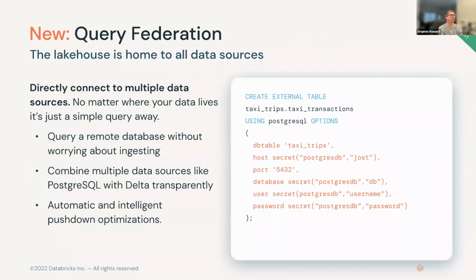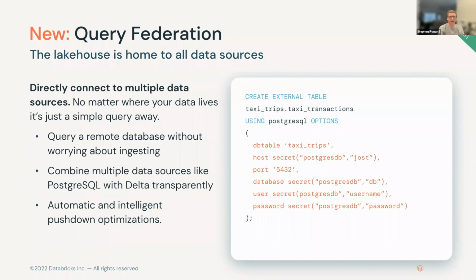So the first one, query federation. So we've talked a lot about having all of your data in your data lake, one source of truth, and that is ideal, that's best, but we understand it's not always feasible, right? There could be data that lives within other orgs, within your overarching organization, other departments, and they're using different tools with different data sets, but you'd like to have access to that data.